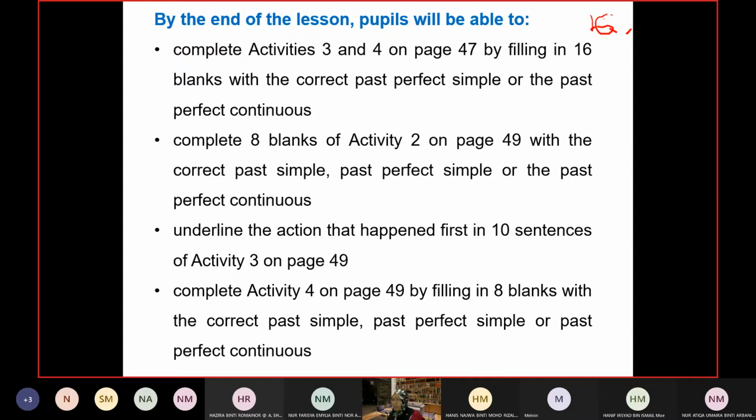Alright, next one. Past perfect continuous. What is the difference? Apa perbezaan dia? Alright, the same thing with past perfect simple. Cuma yang bezanya, you create the sentence.